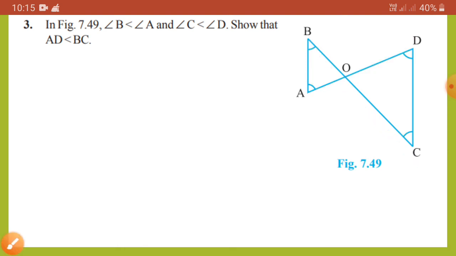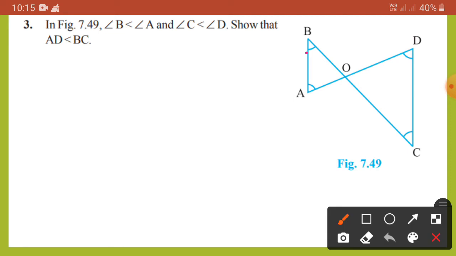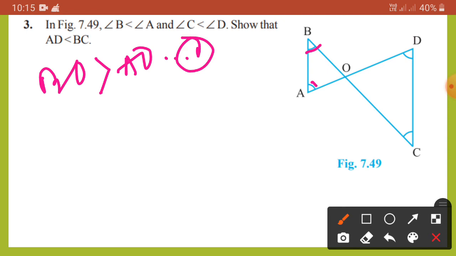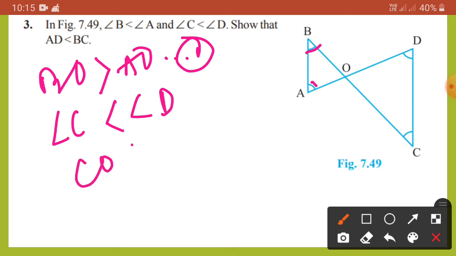Given that angle B is less than angle C, so BO is greater than AO, because the side opposite to the greater angle is longer. Also given that angle C is less than angle D, so CO is greater than DO, same reason.